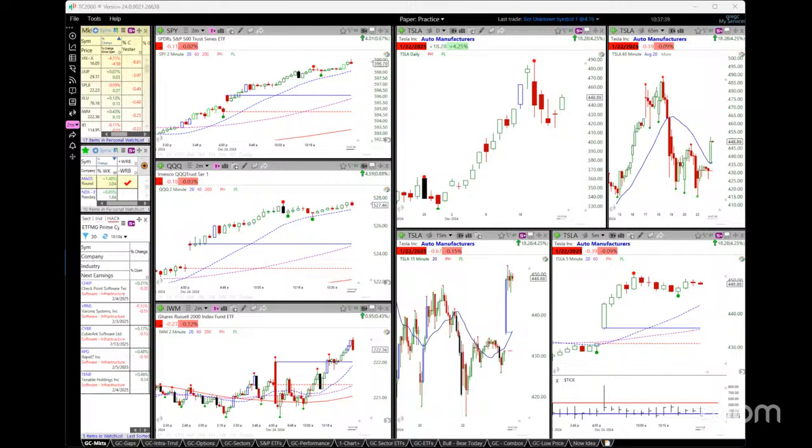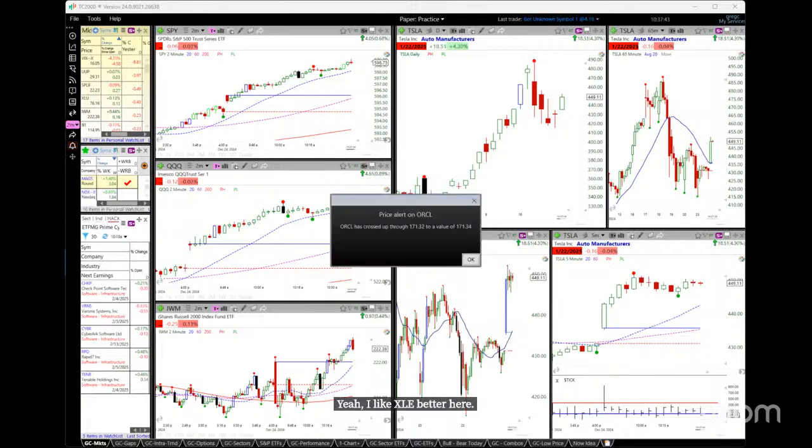Yeah, I like XLE better here. I checked puts pre-market. Let me check again. The spreads were asinine. 83s for Friday. Only 8 cents. Okay, so the spreads are tighter, but there's no premiums.